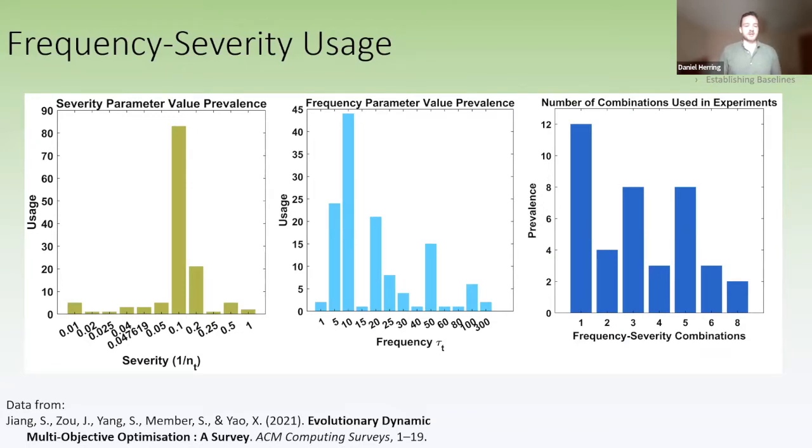When we consider further the number of combinations applied to benchmark problems, i.e. the number of dynamic instances considered, most commonly a single combination is employed. This severely limits the applicability of conclusions about algorithm performance if you're examining just a single instance within a possible dynamic instance space. This demonstrates the ignorance to common sentiments in the literature for a variety of frequency and severity combinations to be examined, which is commonly quoted.